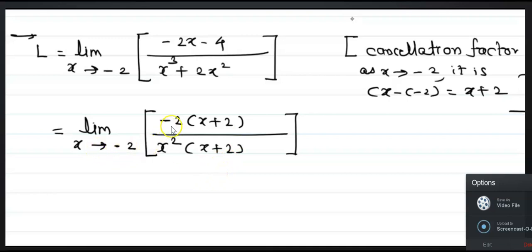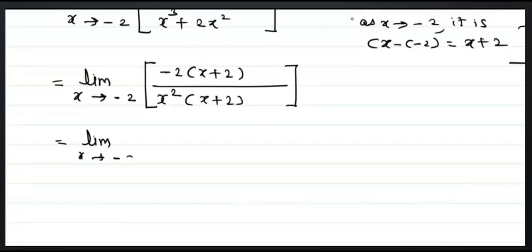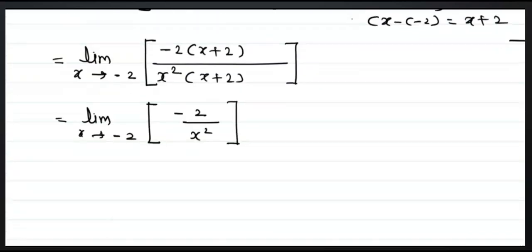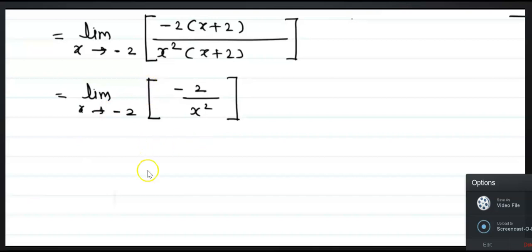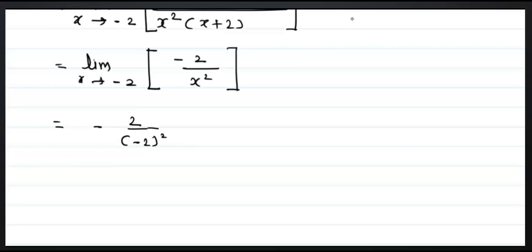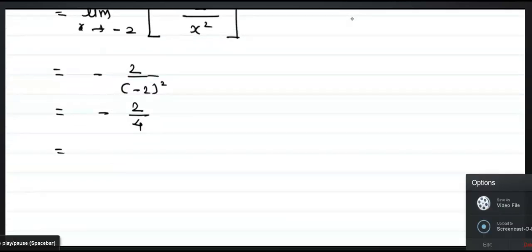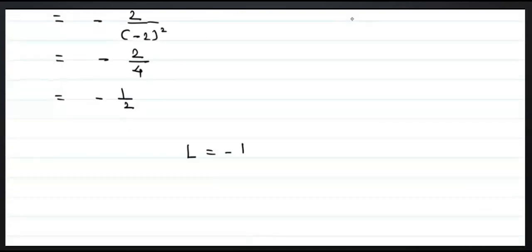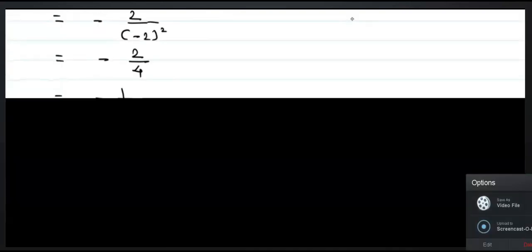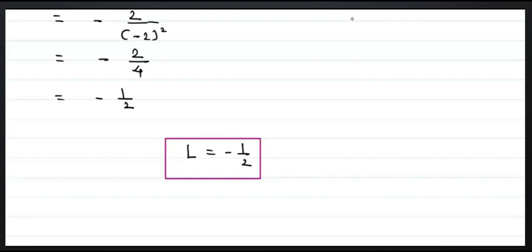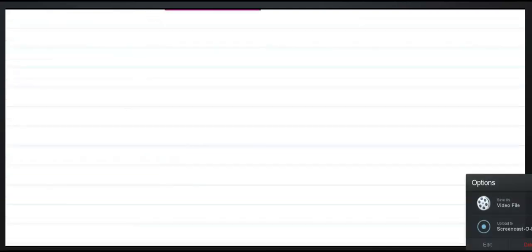Then directly substitute the value of x, which is minus 2, and you will get the limit. Now you can substitute here directly, that is x is equal to minus 2, and it is minus 2 upon 4. Therefore, that is equal to minus 1 upon 2. Therefore, minus 1 upon 2 is the answer.